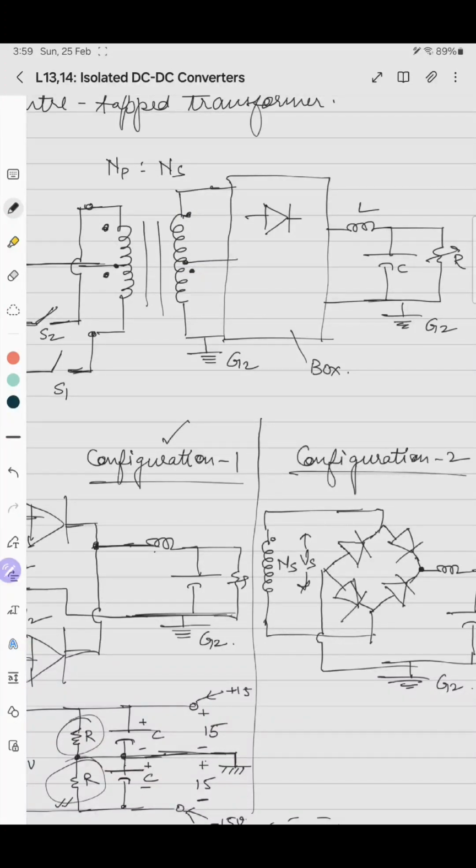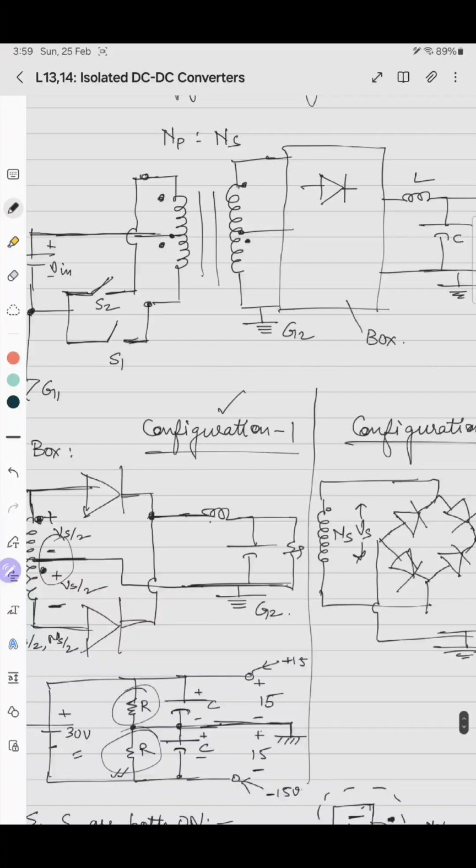So as we are taking configuration 1, I am drawing secondary also as center tap. This is NP by 2, this is again NP by 2, NS by 2, and this is NS by 2. So as of now, this ground path I am not connecting, I am just keeping it open. So we basically have to connect this ground path.